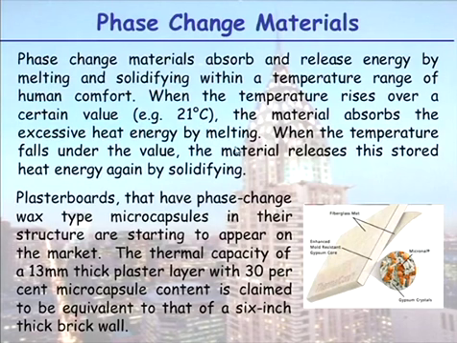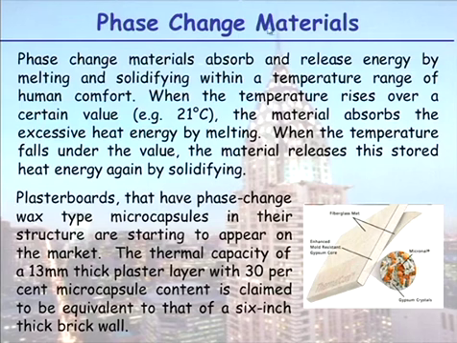We all know that when we have an ice block on us, it will absorb the heat around us, make us feel cooler, and it will melt. But these phase change materials change phases in a much smaller temperature range. When the temperature falls under a certain value, maybe 15 degrees, maybe 10 degrees, the material then releases this stored energy again by solidifying.